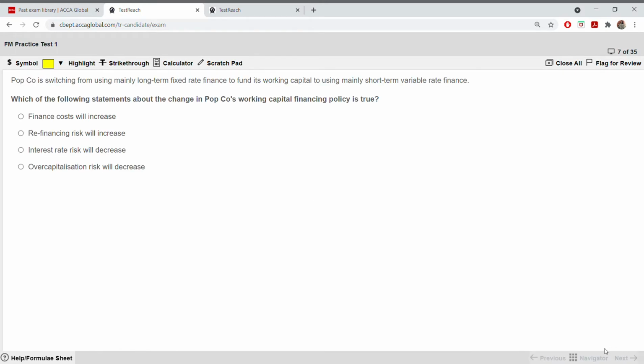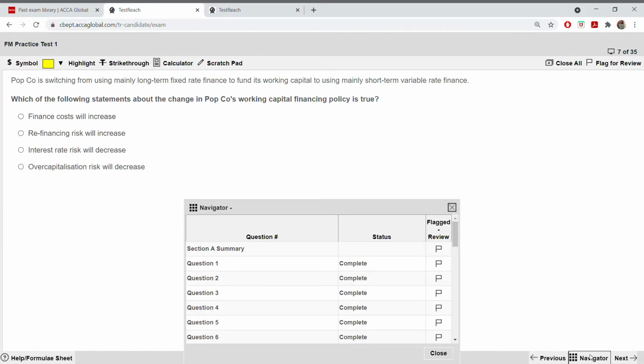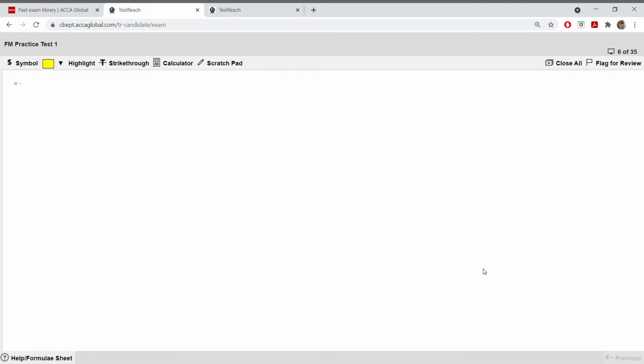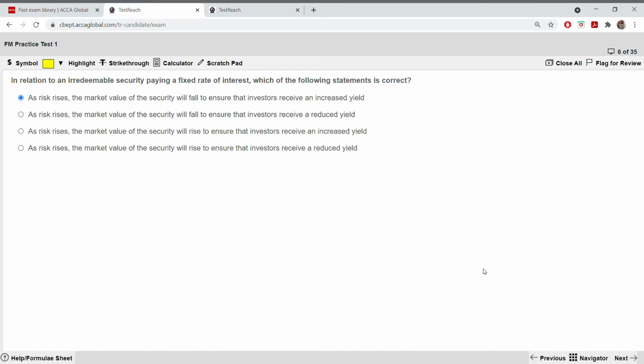Sometimes, especially, I want to take you back. Just go to the previous one. This type of question is easy to identify the correct answer in the first instance, because you know that this combination will not be there anymore. Risk rises, market value of security will fall, yield will rise: it is only in this one.